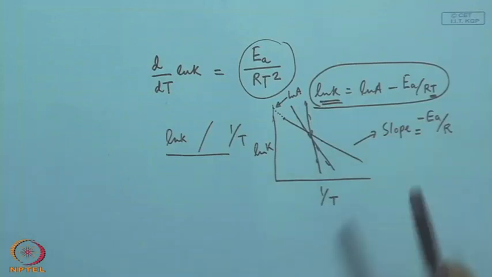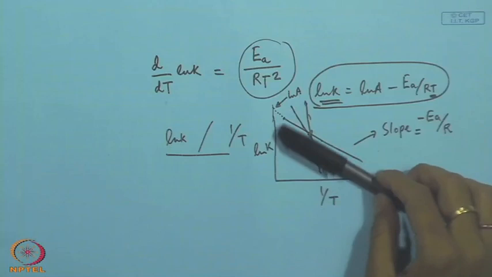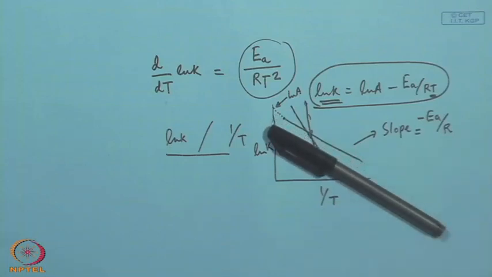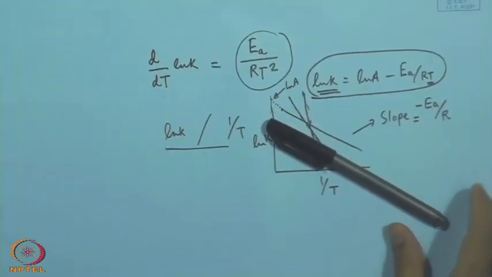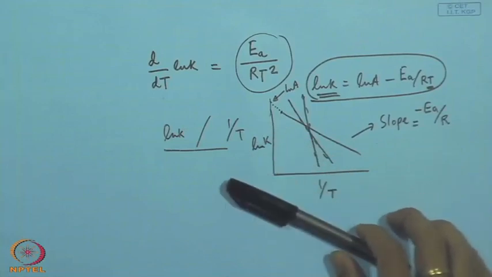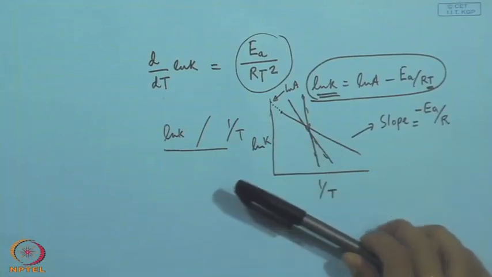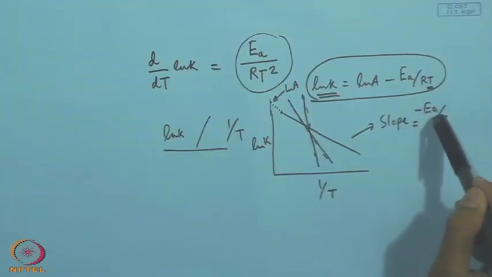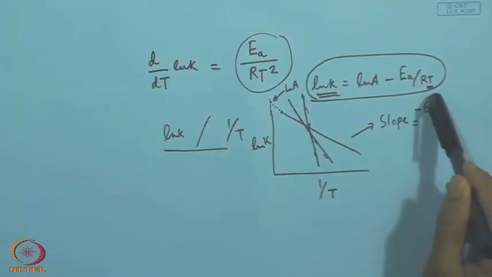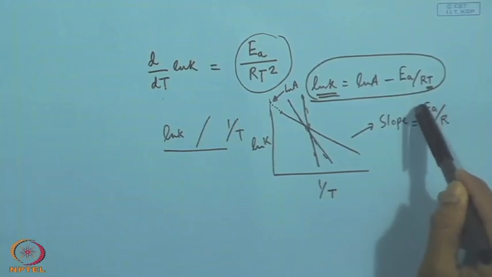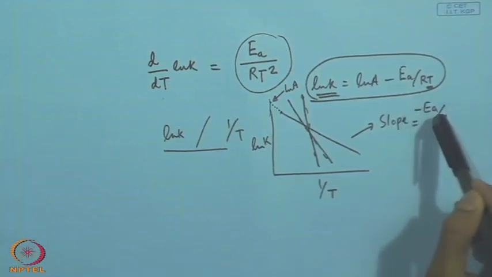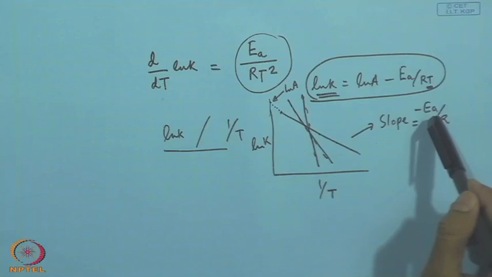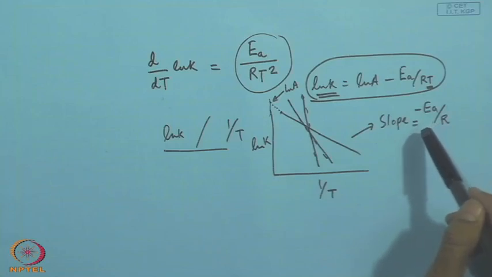So, whether there will be a significant effect of temperature on the rate constant will be decided by the magnitude of the activation energy. This is a very important energetic quantity that determines whether, when you increase the temperature, you will have a significant change in the rate constant of the process.